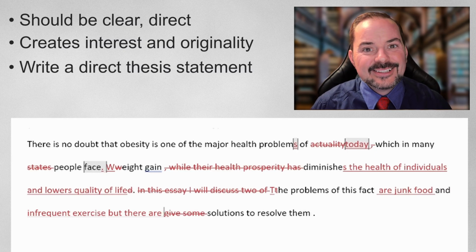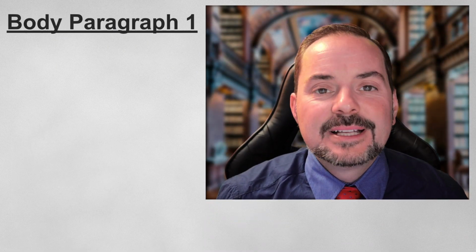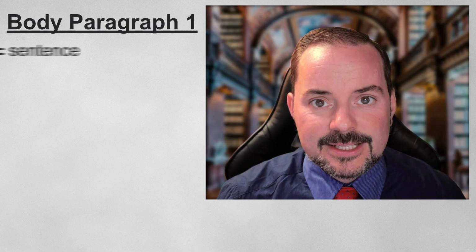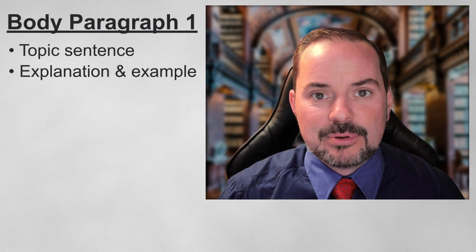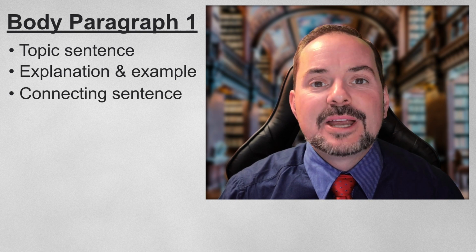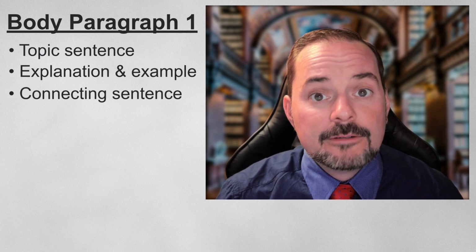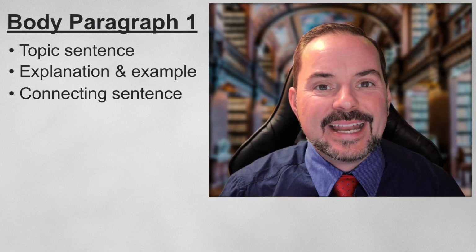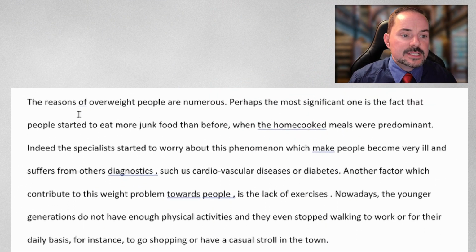Now, let's take a look at the body paragraphs. Body paragraphs typically have a topic sentence, explanations, examples, and a connecting sentence that allows the essay to flow from paragraph to paragraph. First, let's read the original writing. The reasons of overweight people are numerous.